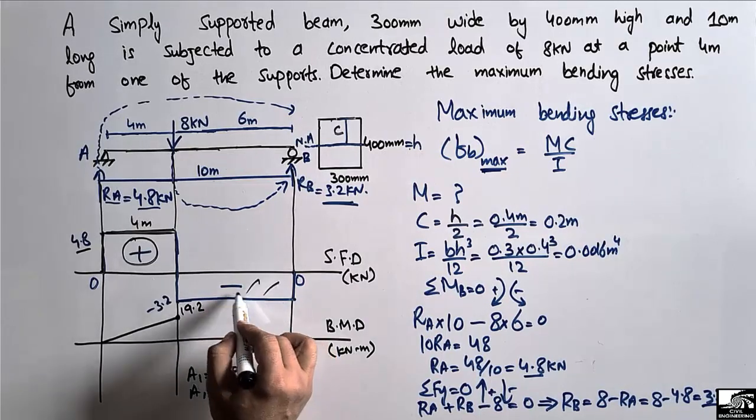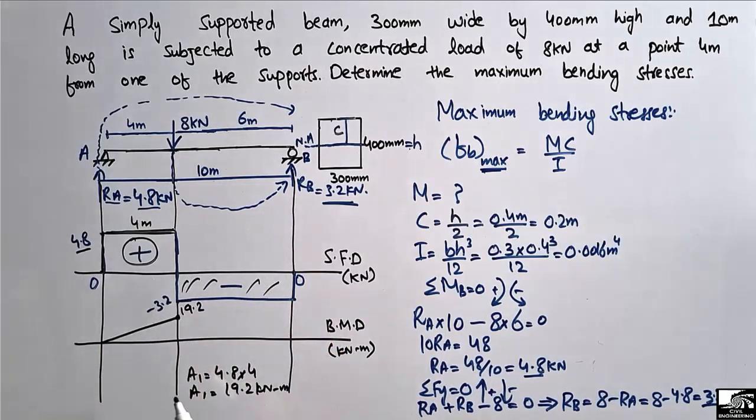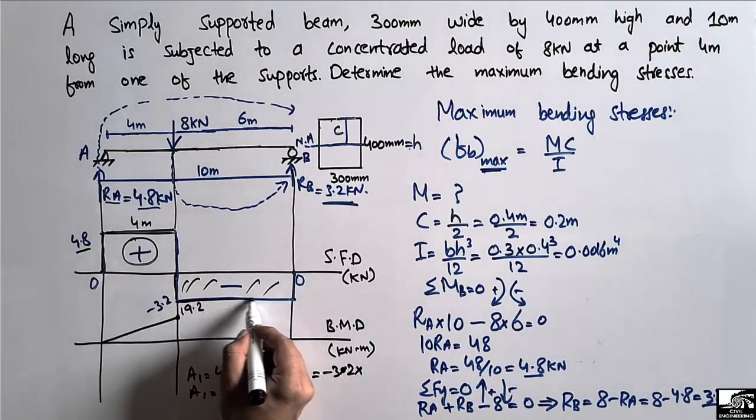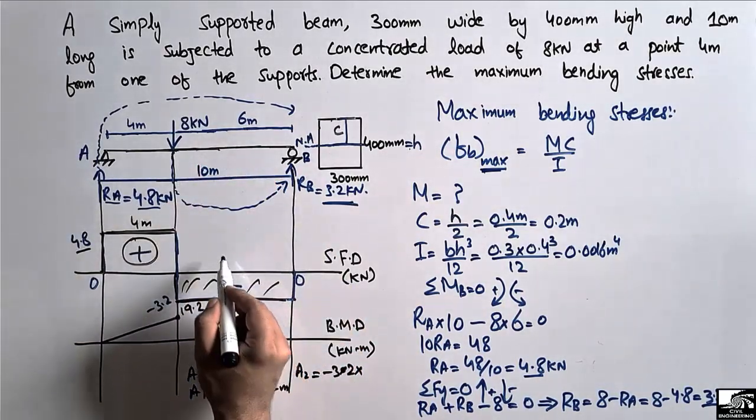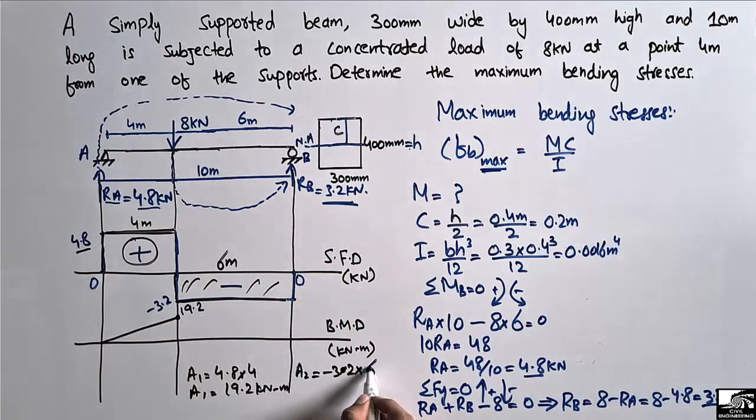Now the area of this rectangle will be A2, let's suppose. So A2 will be equal to the height of the rectangle, minus 3.2, multiplied with the base, which is 6 meter length. So A2 comes out to be minus 19.2. This was plus 19.2, this is minus 19.2.